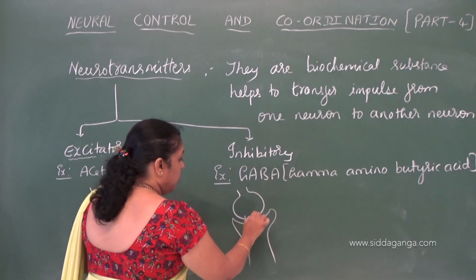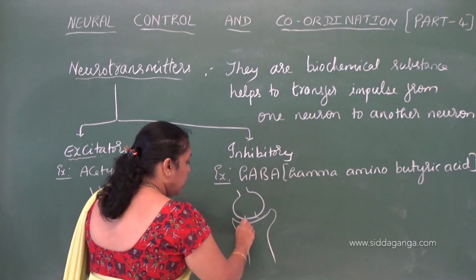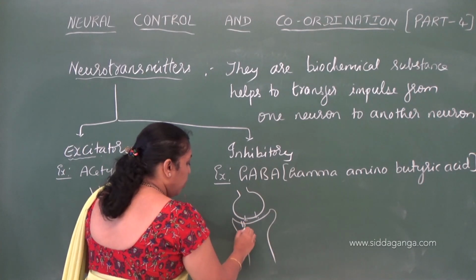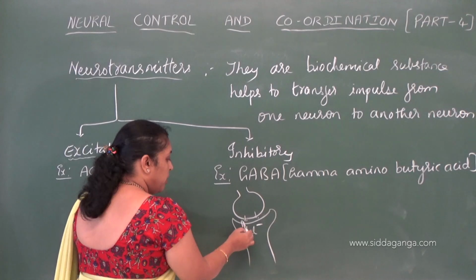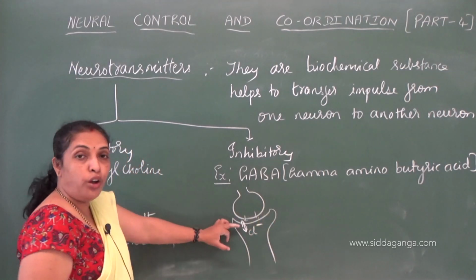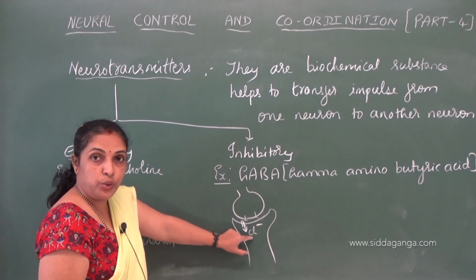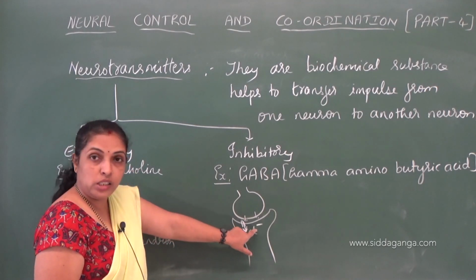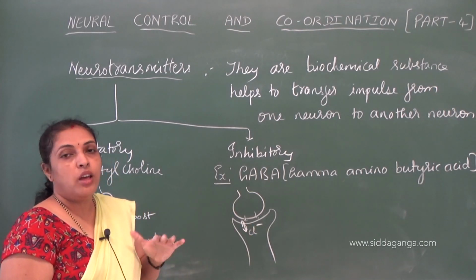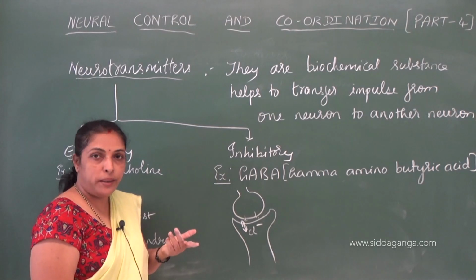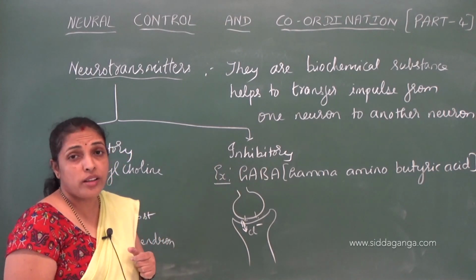So when GABA is released, that is gamma aminobutyric acid, we see opening of chlorine voltage gated channels. Chlorine is negative charge. When chlorine enters into the dendron, there is no reversal of polarity, there is no conduction of impulse. So that's why they act as inhibitory neurotransmitters.